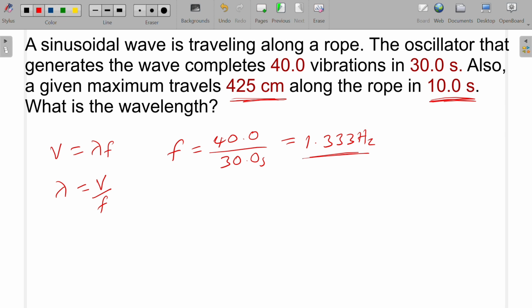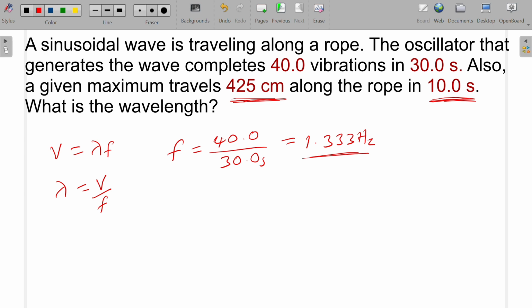So the distance we traveled along the rope is 425 centimeters, and we did that distance in just 10 seconds. We can use that distance and the time given to find our speed.